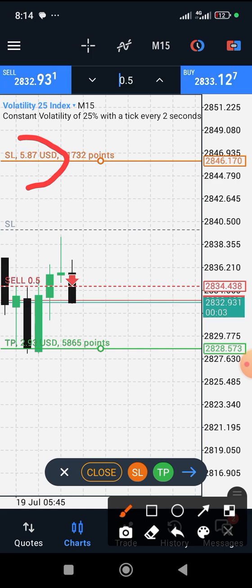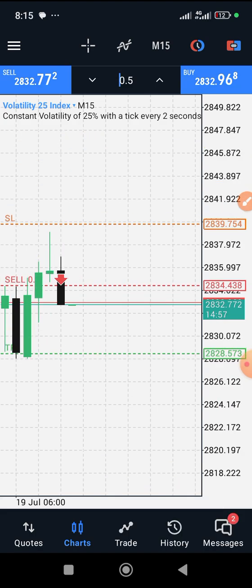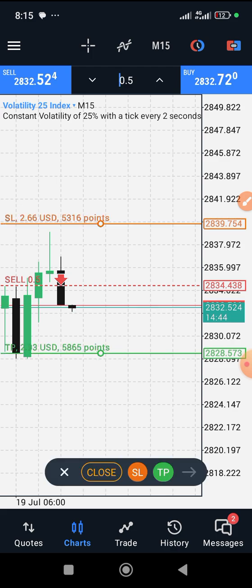So for me to control my loss, because stop loss helps you control your loss, I want to accept a lower loss than the bigger loss I will sustain if the market price goes upwards to a certain degree. I don't want to incur big loss.